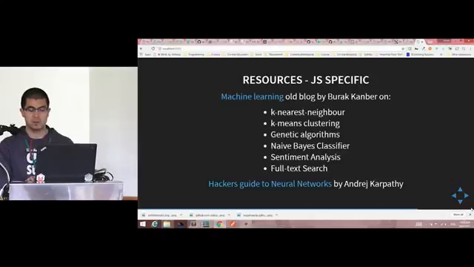And the second one that I mentioned here, Andrej Karpathy, is quite interesting because this guy is relatively famous. He developed one of the first deep learning libraries in JavaScript called ConvNet.js to do convolutional neural networks on pictures. He's from Stanford, he used to work for OpenAI, and recently he has been hired by Tesla to improve machine learning for cars.